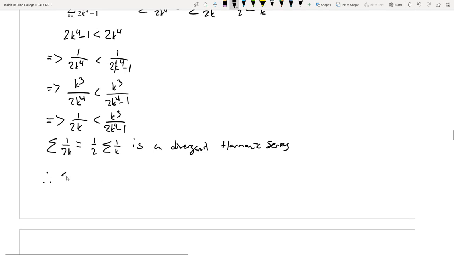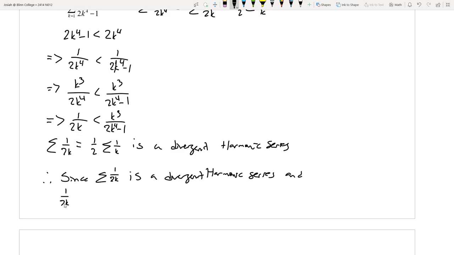Therefore, since 1/2 sum of 1 over k, oh, sorry, we want to have this in our summation here: 1 over 2k is a divergent harmonic series, and 1 over 2k is less than k cubed over 2k to the fourth minus 1.